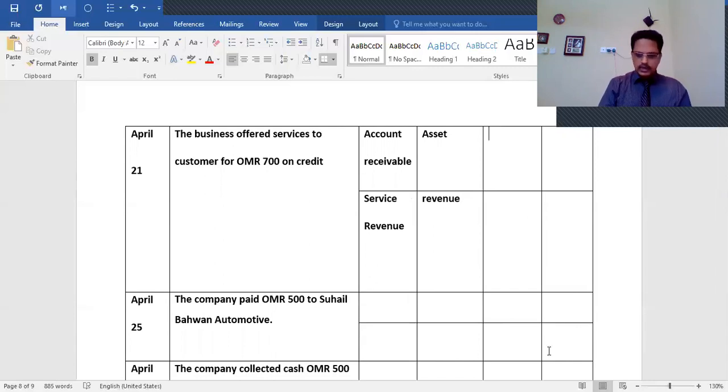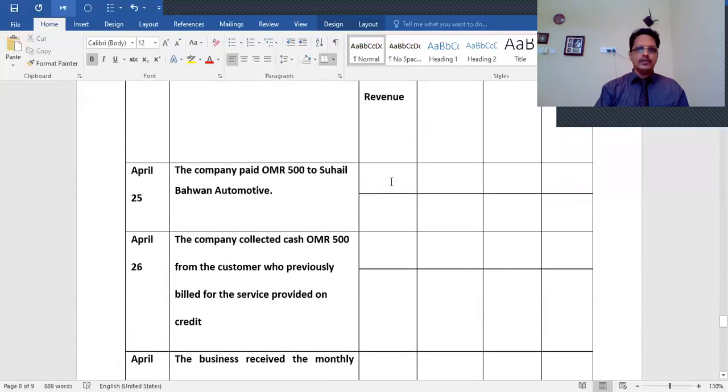Your service revenue also increases. Asset increase means debit, and revenue increase means credit. Liability, equity, and revenue, when they increase, it will be credit. When they decrease, it will be debit.